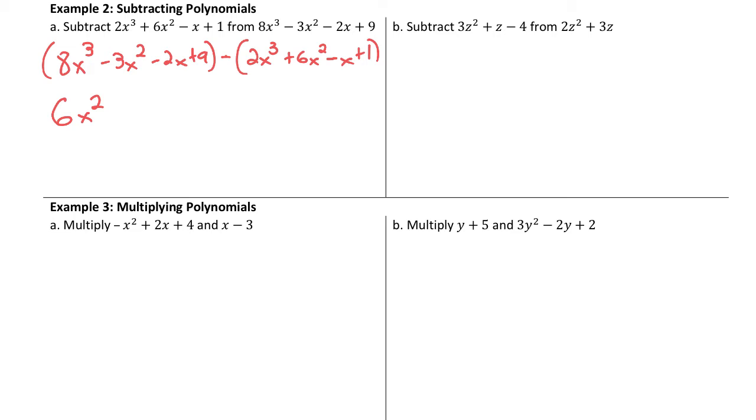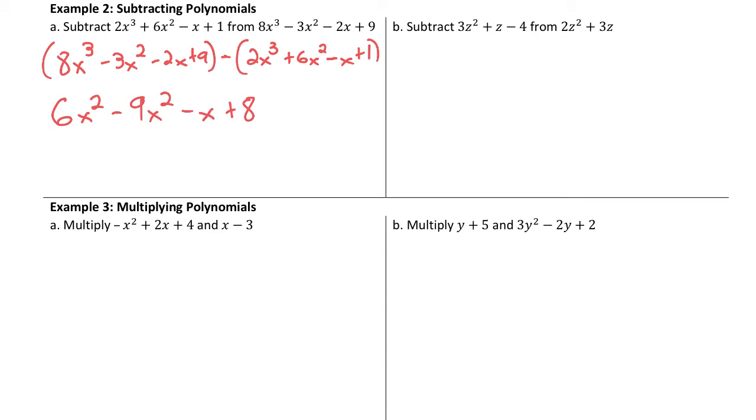Negative 3x squared minus 6x squared, negative 9x squared. Negative 2x minus negative x, negative 1x. I'm just going to write negative x. Positive 9 minus 1 is positive 8. Okay? So subtracting each term. Okay, that subtraction is important.